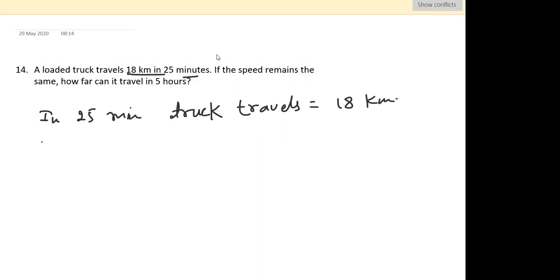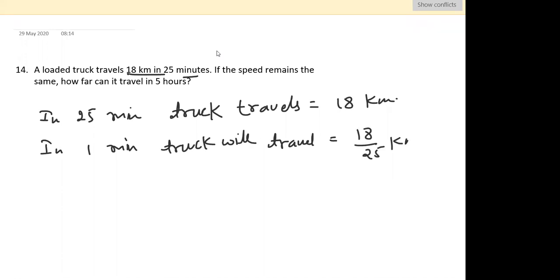So in 1 minute, the truck will travel 18 upon 25 kilometers. Okay.